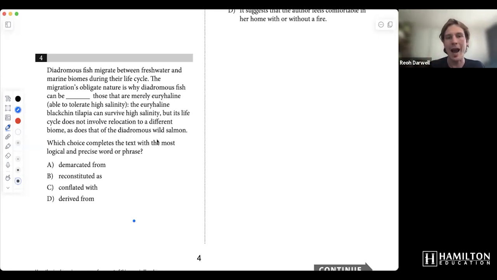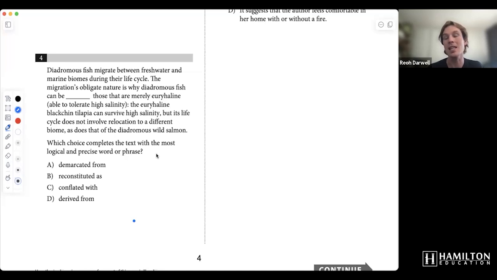So, diadromous fish can be made distinct from those that are merely euryhaline. Okay, euryhaline. All right. Why? Because a diadromous fish is one that must migrate between freshwater and marine biomes. Okay, think of a salmon. In fact, I actually used diadromous fish in multiple instances on practice tests and practice exercises.